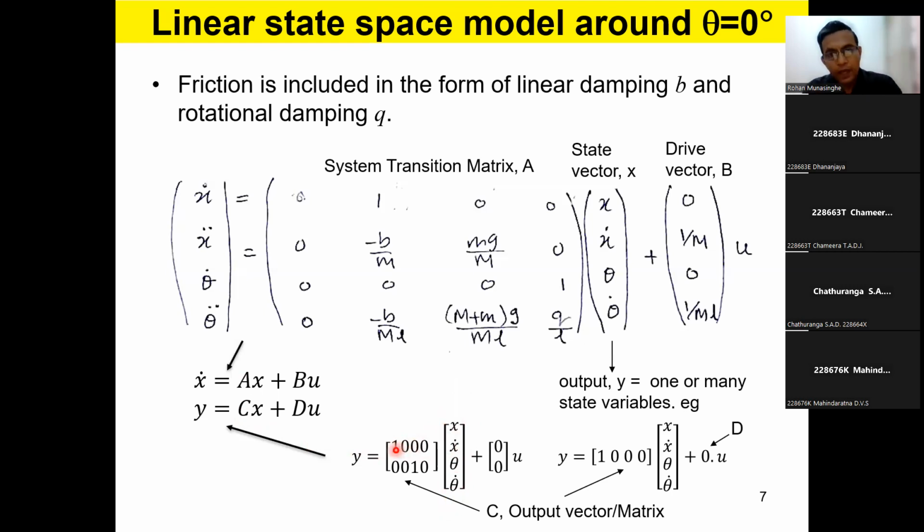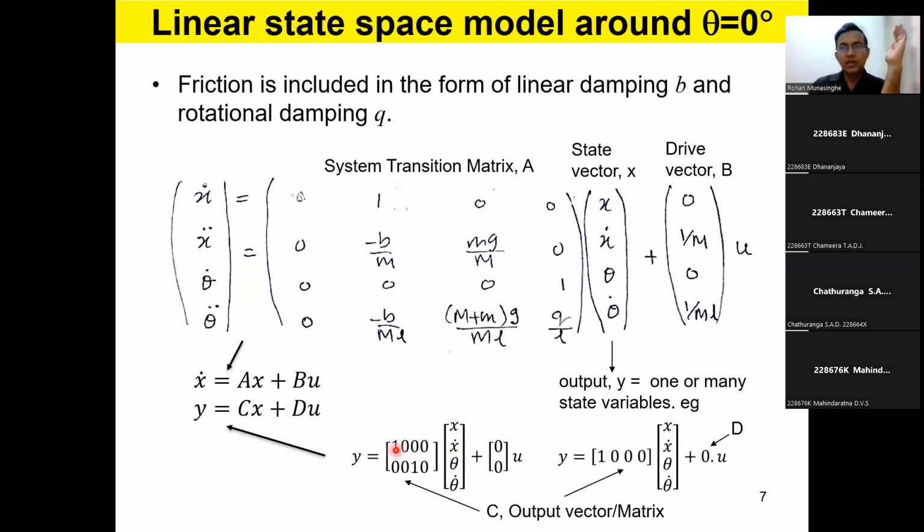Fine. There is another output that you have to measure. What is that? Can anybody guess what is the second state variable that you have to measure? Yeah, the angle, theta.